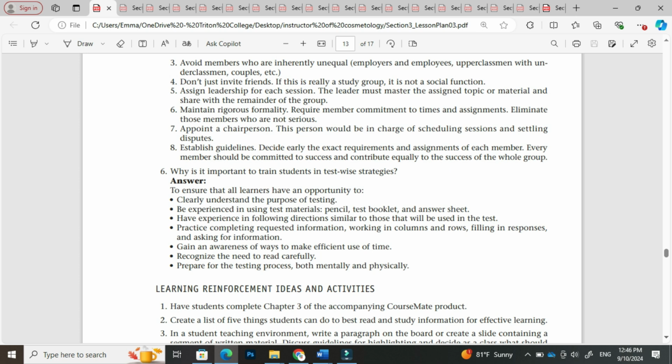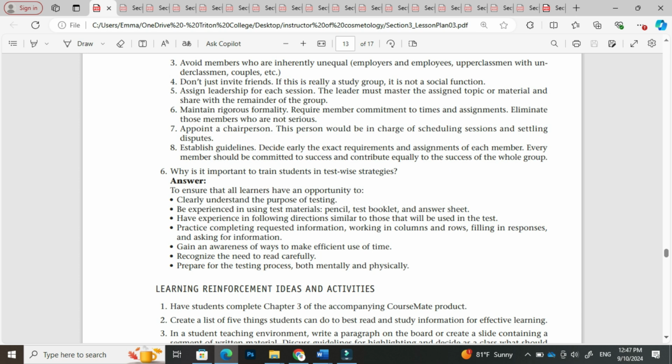This person would be in charge of scheduling sessions and settling disputes, establishing guidelines, and deciding early and exactly the requirements and assignments of each member. Every member should be committed to success and contribute equally to the success of the whole group.